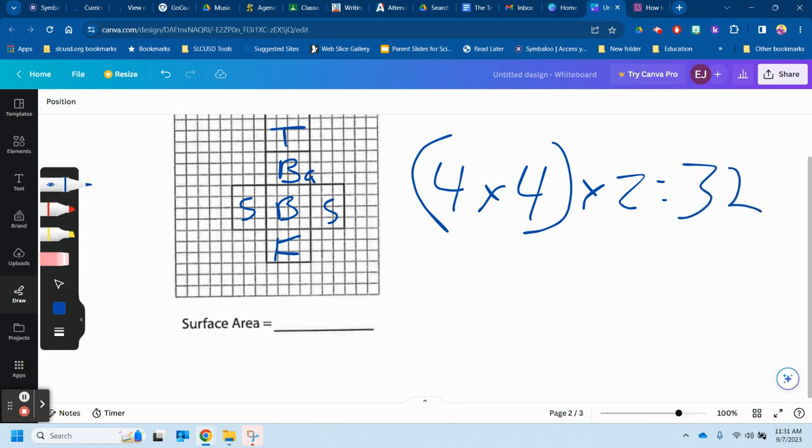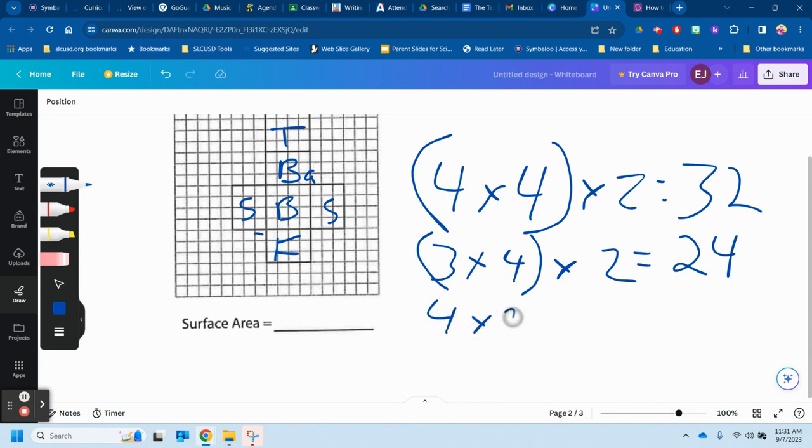Okay. The side is 3 by 4. So I'm just going to double the side. That's 12 times 2, which is 24. And the front and the back are both 4 by 3. The front is 4 by 3. If I have a front, I also have a back.